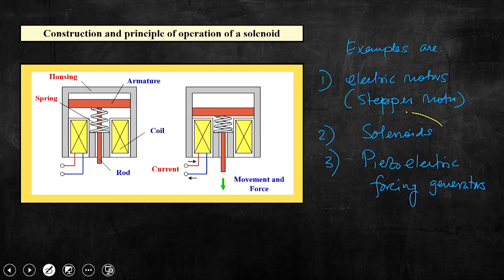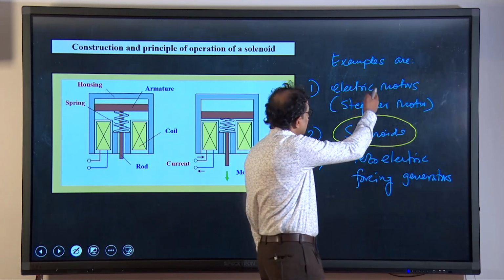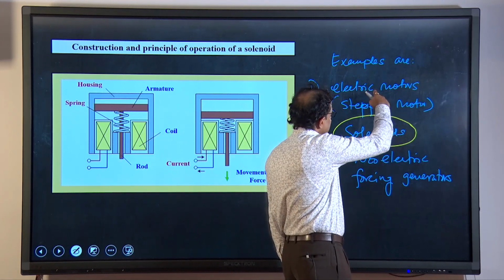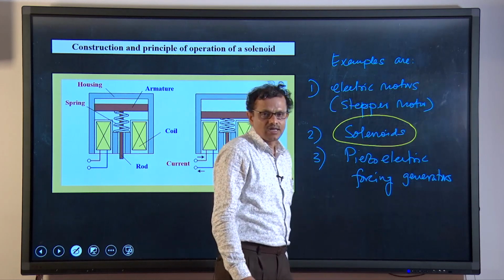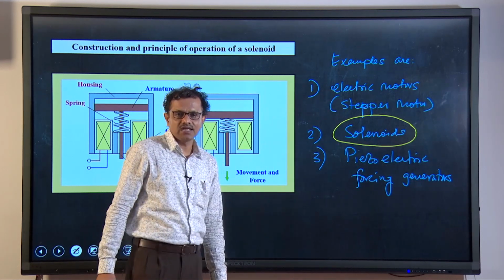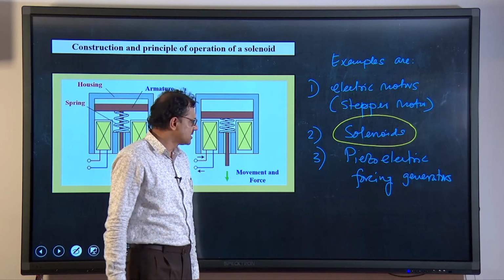This particular type is the most popular because of its simple design as well as being less expensive. I can't say that it is inexpensive, but compared to the other 2 types, solenoids are simple in structure and design, and operation is less expensive.